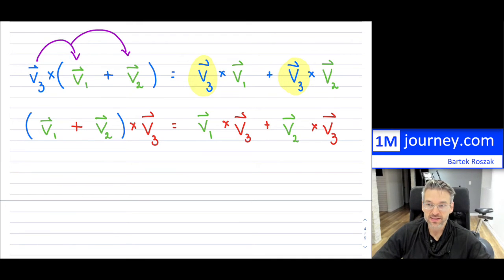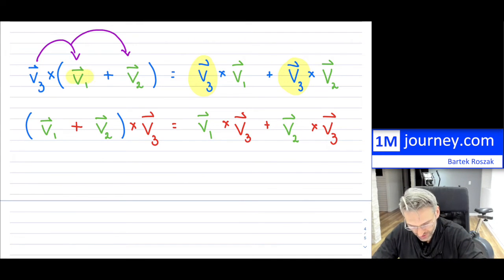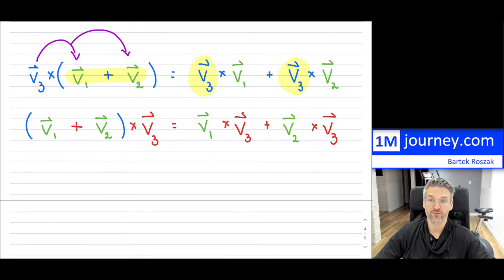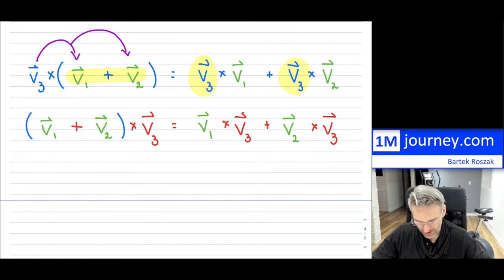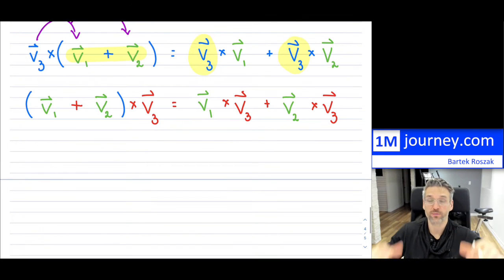What that means is, if you have two vectors that are added together, you can have a resultant vector out of those, because you can add two vectors together. And then you cross with another vector, this vector V3, which is somewhere, we don't know, it might be in 3 dimensions. Now that you cross it, you're going from V3 onto the resultant.